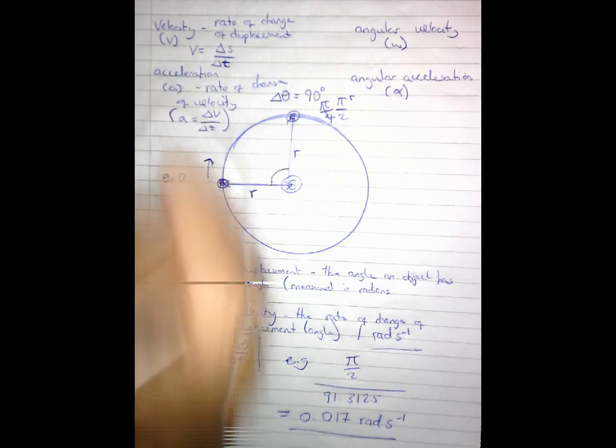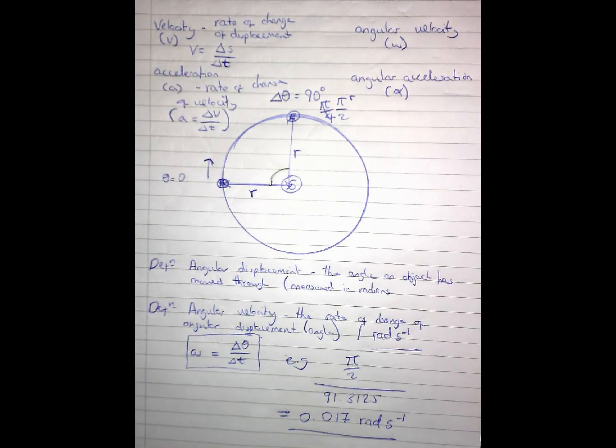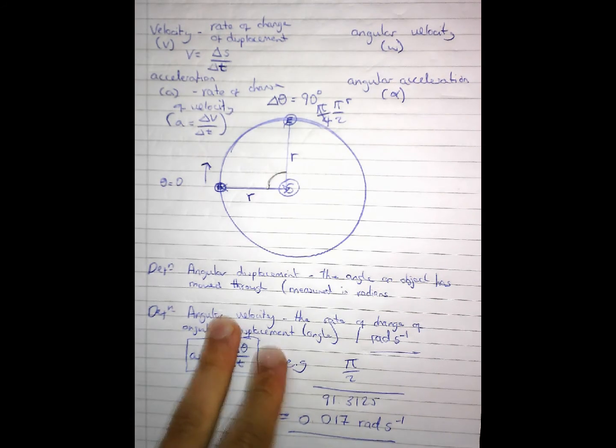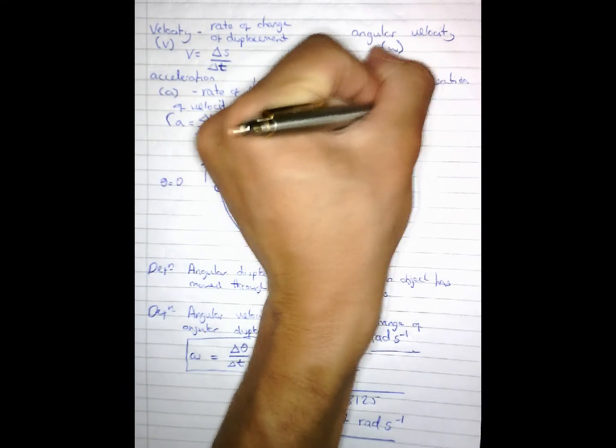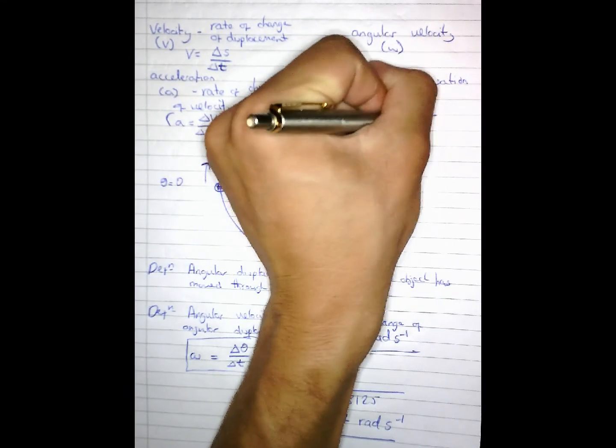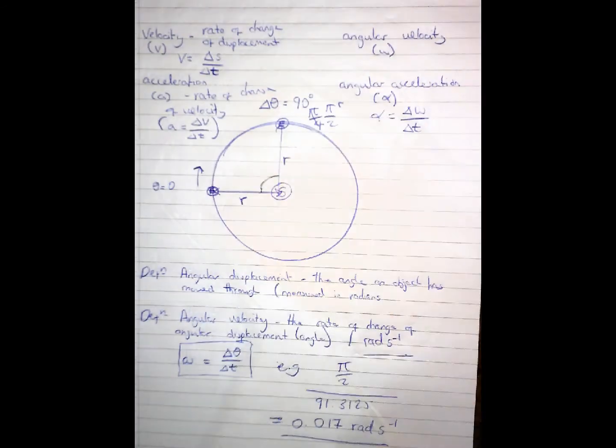Again, if you love differentiation, dv dt. The same thing follows for angular acceleration. It's going to be equal to delta omega over delta t.